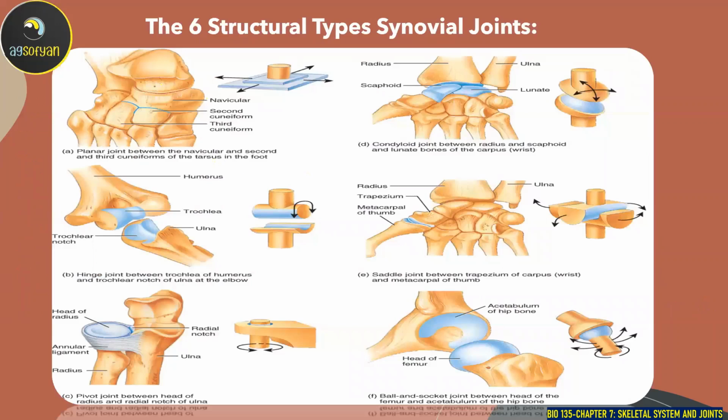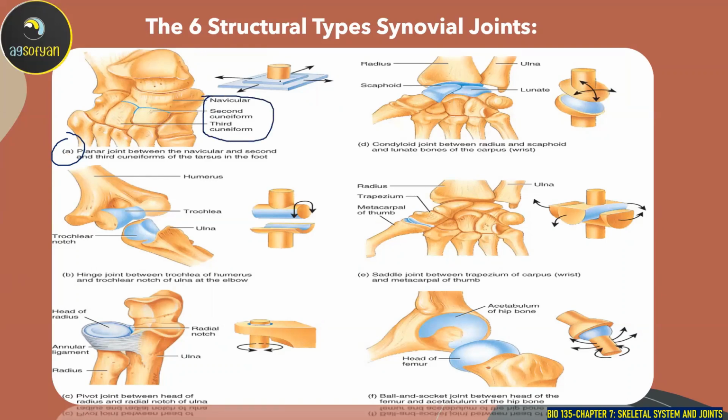Okay, so here are some locations of the six structural types of synovial joint. Again, the first one is the planar joint. An example is the joint between the navicular and the second and third cuneiform bone. Remember, this is located in the ankle.